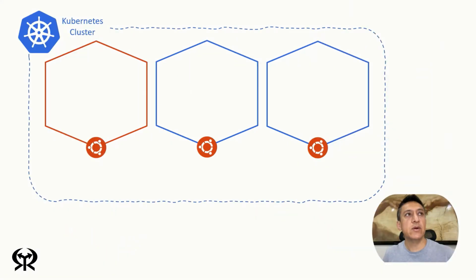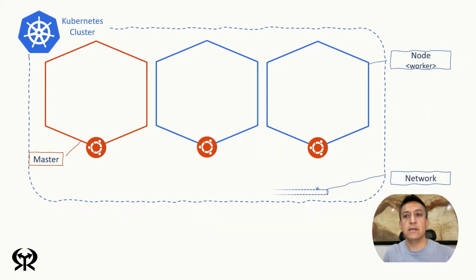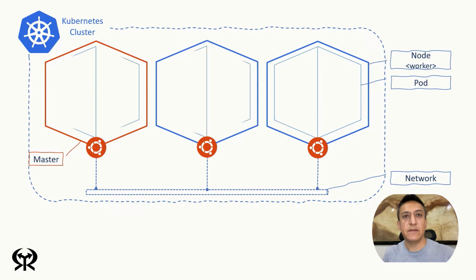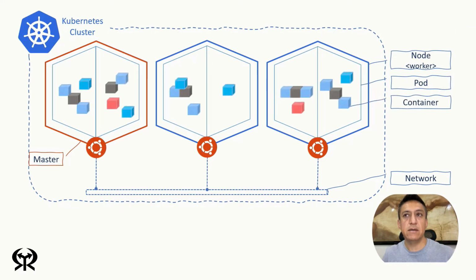So we are going to install this Kubernetes cluster with one master node and two worker nodes, and these nodes are going to be connected, of course, through the Kubernetes cluster network. Some basic concepts just to have a general idea. In this cluster, we are going to have our pods running, each of these pods with containers inside.